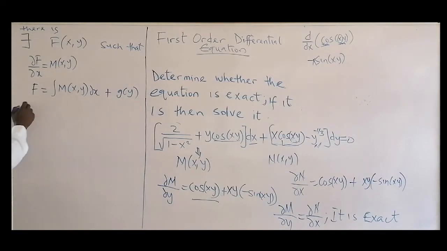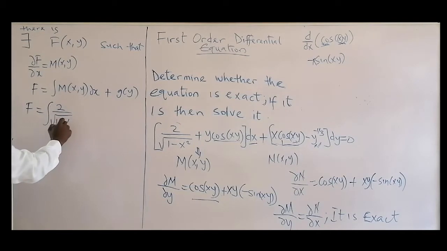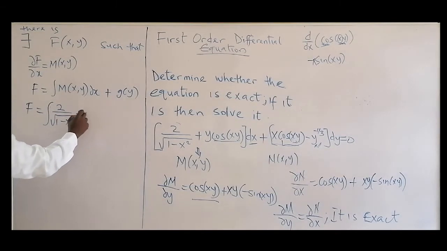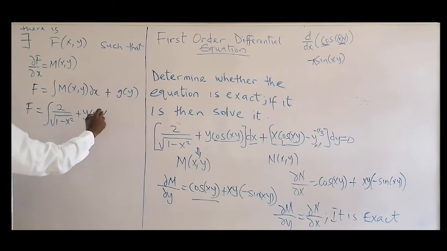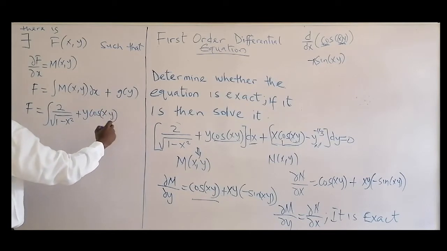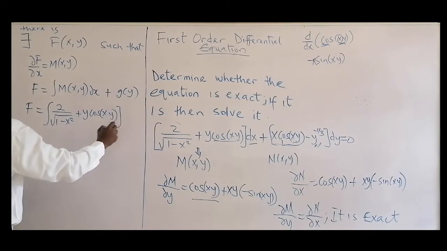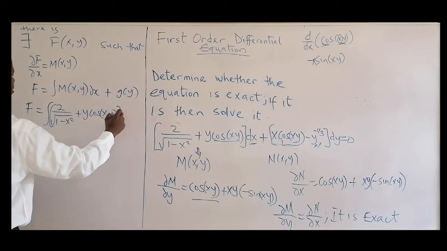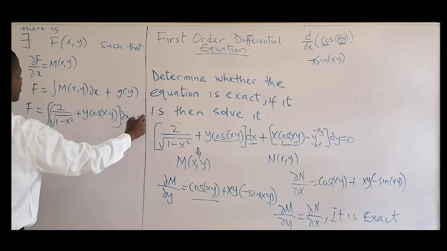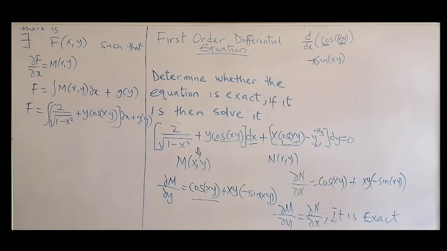Okay, let's substitute now. Our M is what? Check the question. This is our M, which is the integral of 2 over this plus y cos xy, dx, plus g of y. So that's the solution, but we need to get the integration of this expression and get the g of y.